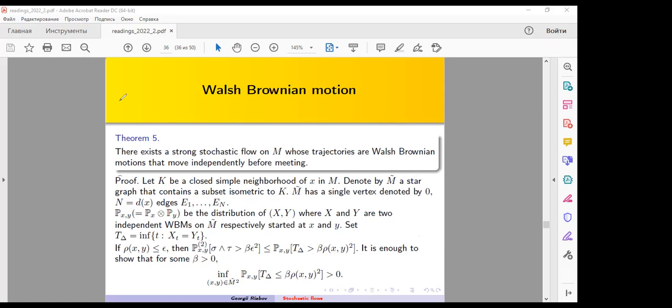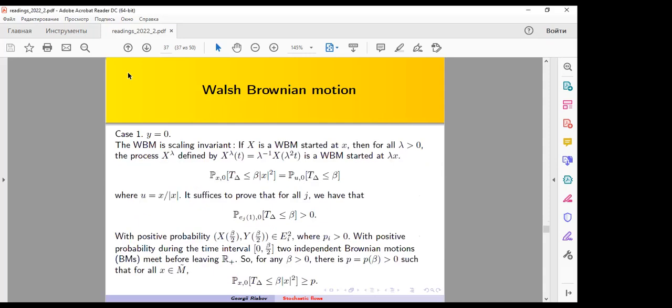And now let's consider several cases. So assume that one of the Brownian motions starts at 0. It is known that Walsh-Brownian motion is scaling invariant. So actually the probability is equivalent to the probability that one motion is at 0, the second one starts at distance 1, and they meet before some fixed time.